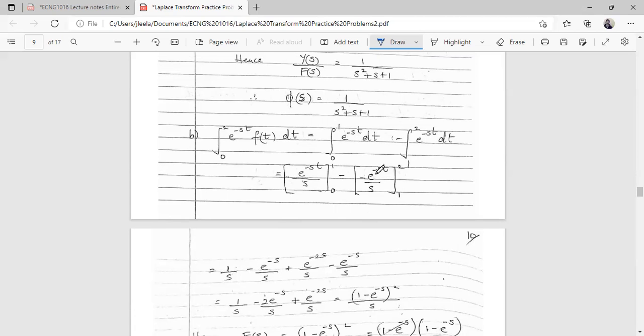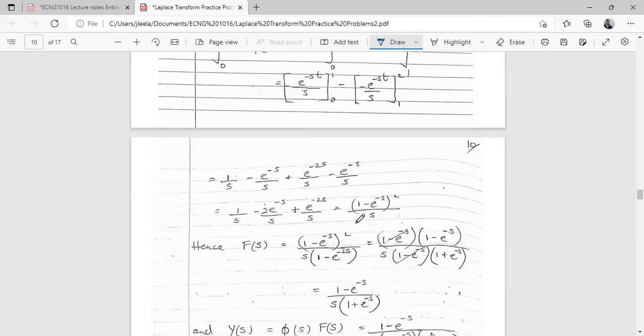And then subtract e to the minus s over s, right? And if you look carefully, this term here and this term could combine. So a minus and a minus, you have 1 over s minus 2 e to the minus s over s plus e to the minus 2s over s.